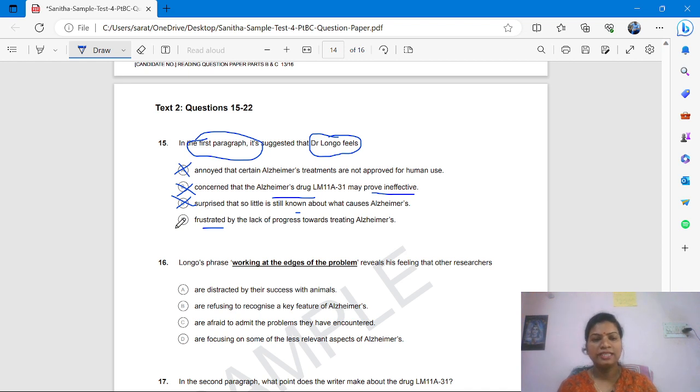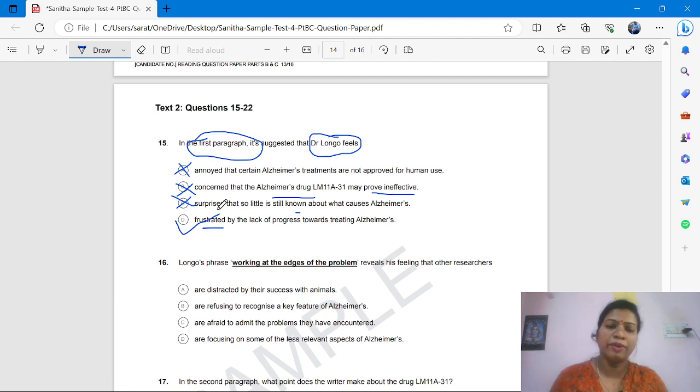So what is the answer here? Frustrated by the lack of progress towards treating Alzheimer's. When we discuss this question, only one option matches the paragraph and the other three have no connection. It mentions LM11A31, but it is not saying ineffective. So the answer is frustrated by the lack of progress towards treating Alzheimer's.